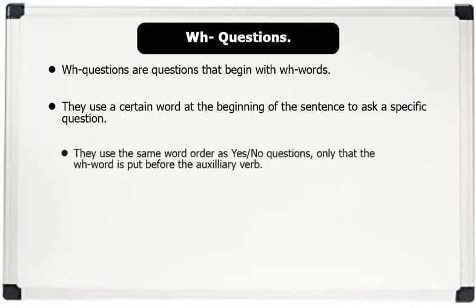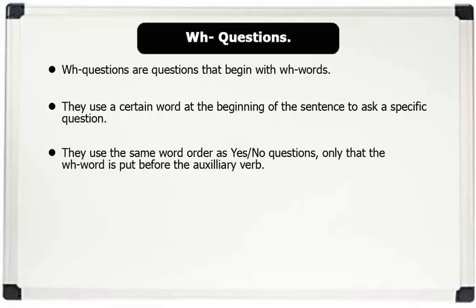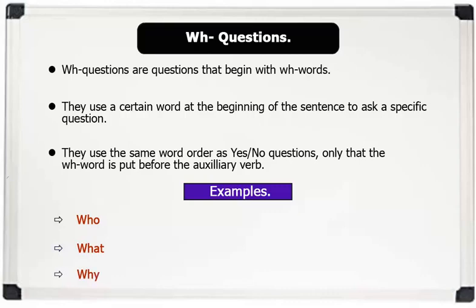They use the same word order as yes or no questions, only that the WH word is put before the auxiliary verb. Examples: 1. Who. 2. What. 3. Why. 4. Where. 5. When. 6. How.